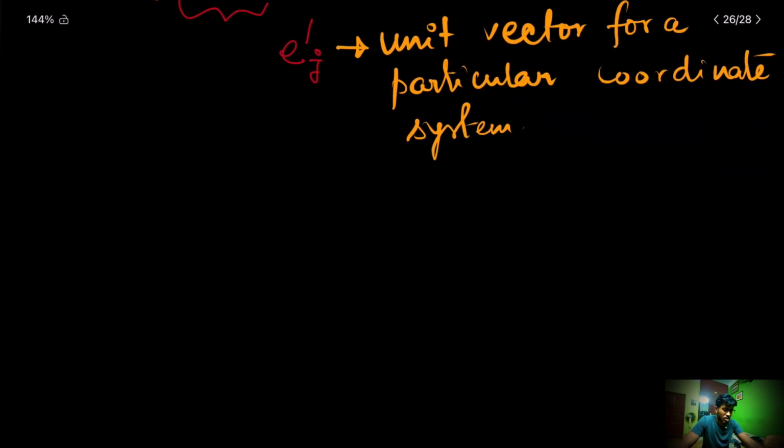So this j can take 3 values, that is 1, 2, 3. Now you tell me, if I do e1 dash dot e1 dash, what will this be? This will be 1, we know, right? Because this e1 dash is nothing but a unit vector having magnitude 1.